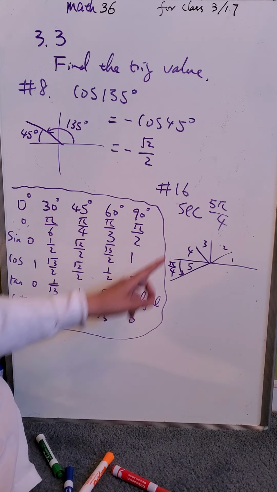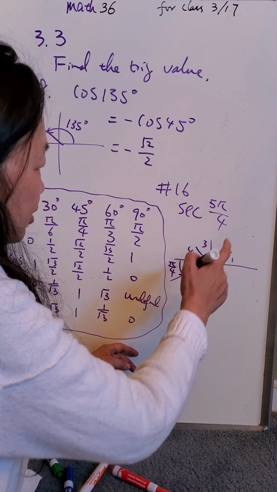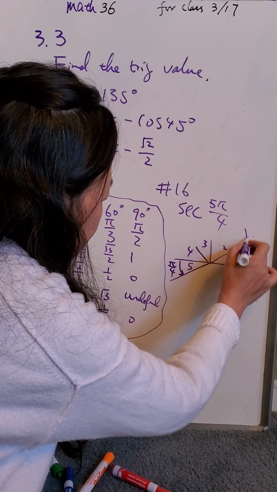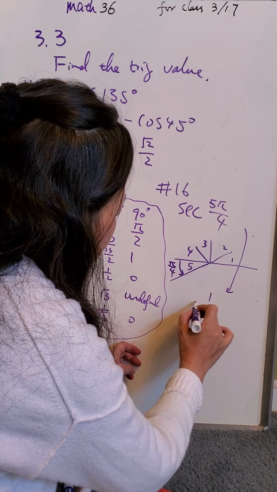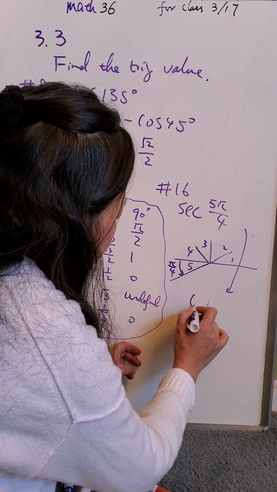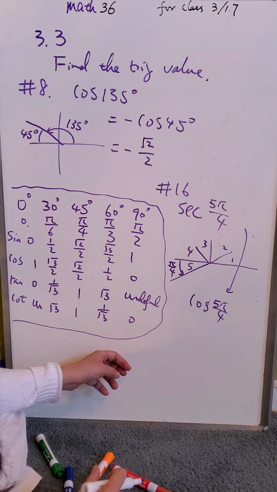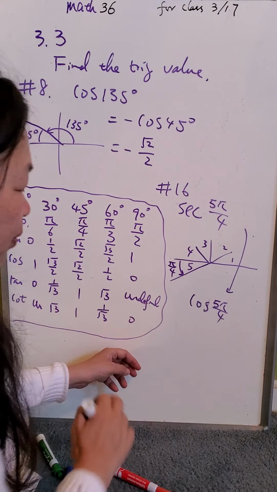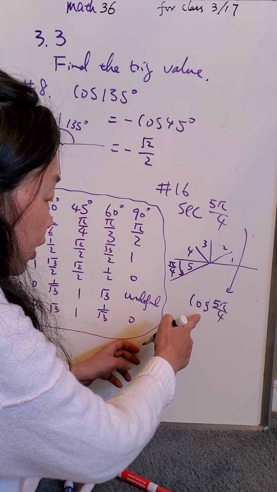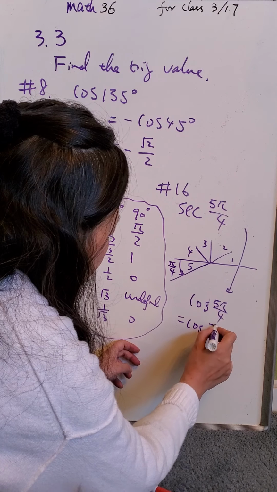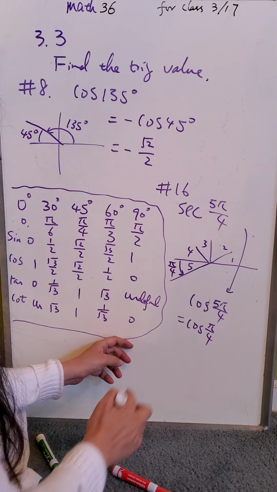So secant 5 pi over 4 is the same as 1 over cosine, so you're looking for cosine first, and then we get the answer and flip it later on. So you're looking for cosine 5 pi over 4, which is the same as cosine pi over 4.